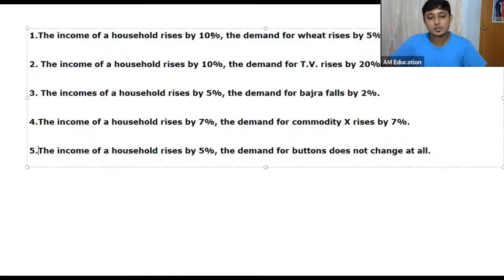The income of the household rises by 10%, the demand rises by 15%. So I want the income elasticity, and you don't know the proportion of income spent here, right? So just find out the income elasticity.